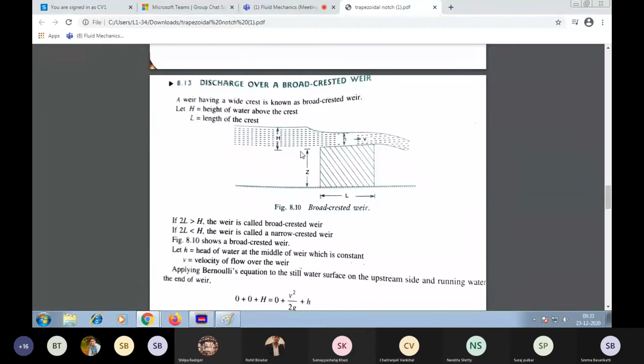So in this type of weir, the water may or may not overflow. If the level of the water increases, it may overflow; if it is less, it will not overflow.